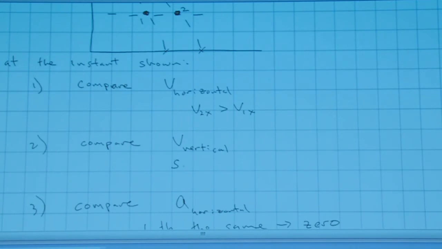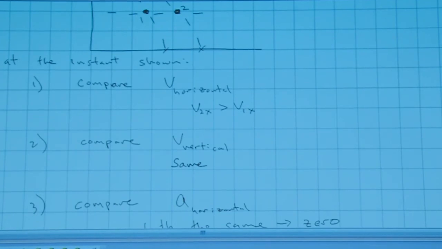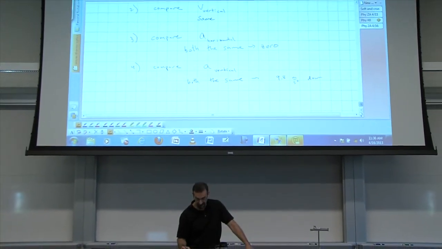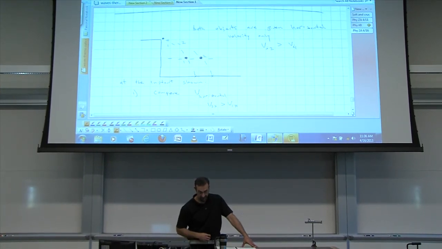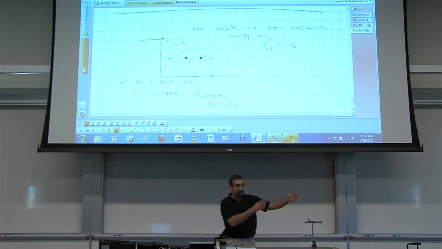Same? Because they both started out with the same vertical velocity, 0, and they both had the same acceleration, and they both traveled the same distance, so they're going to be the same. Just like what we did here.